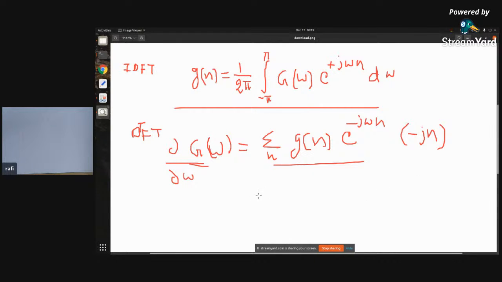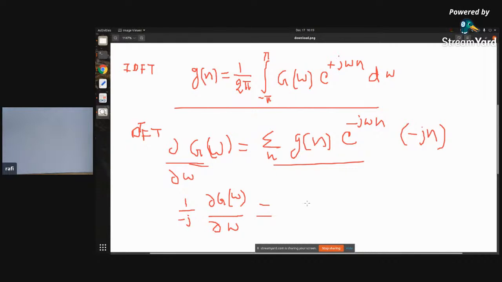Now you can send this minus j to that side: 1 by minus j, dou by dou omega, this is partial differentiation, we are differentiating only with respect to omega.